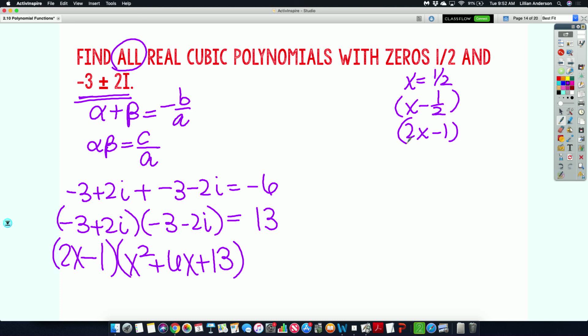And so since you're trying to find all your real cubic polynomial functions, this right here will give you just one. To find all of them, the only thing that could really alter this would be any type of coefficient in the front. And that is your polynomial function.